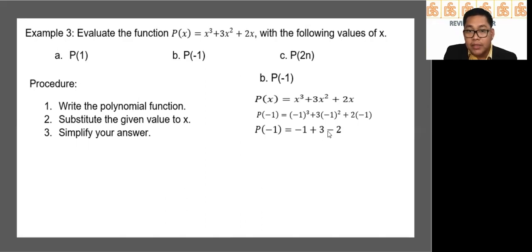This one becomes 3 because negative 1 squared is positive 1, plus 3 times 1 is positive 3. And this one is 2 times negative 1, so minus 2. So negative 1, minus 2 is negative 3, plus 3, p of negative 1 is 0.